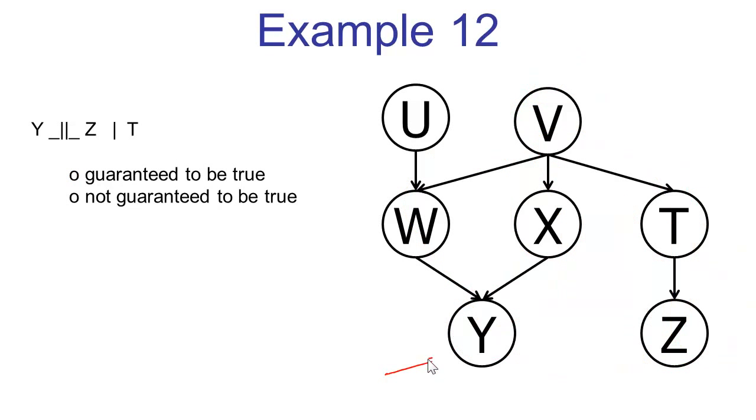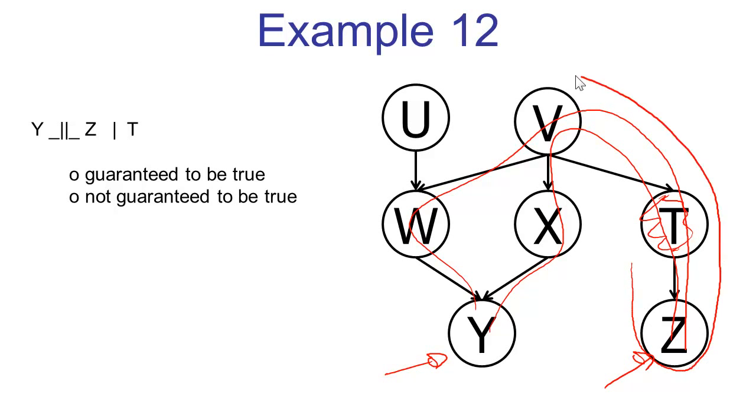We're asked whether Y and Z are conditionally independent given T. There are two paths connecting Y and Z. We see that both of these paths have this triple, VTZ. This triple VTZ is a causal chain with the middle node observed.